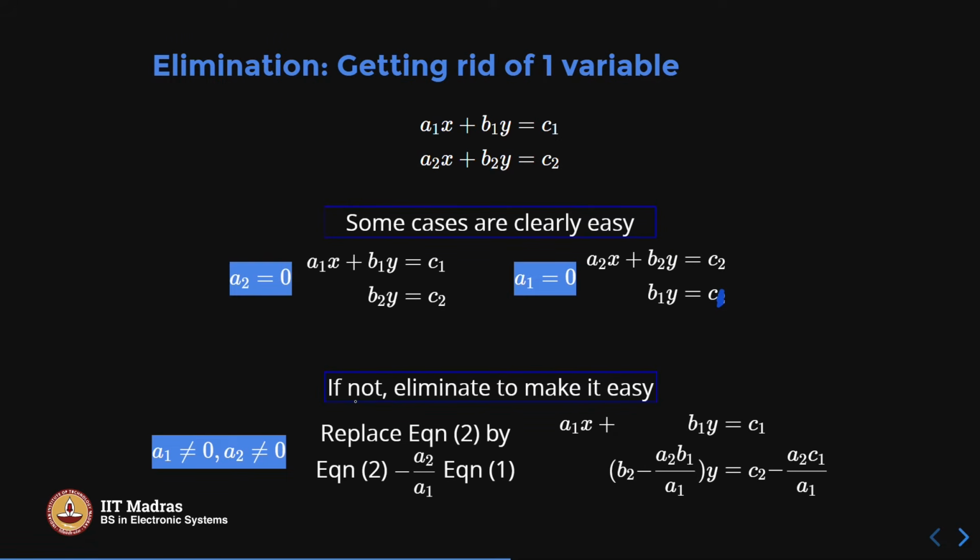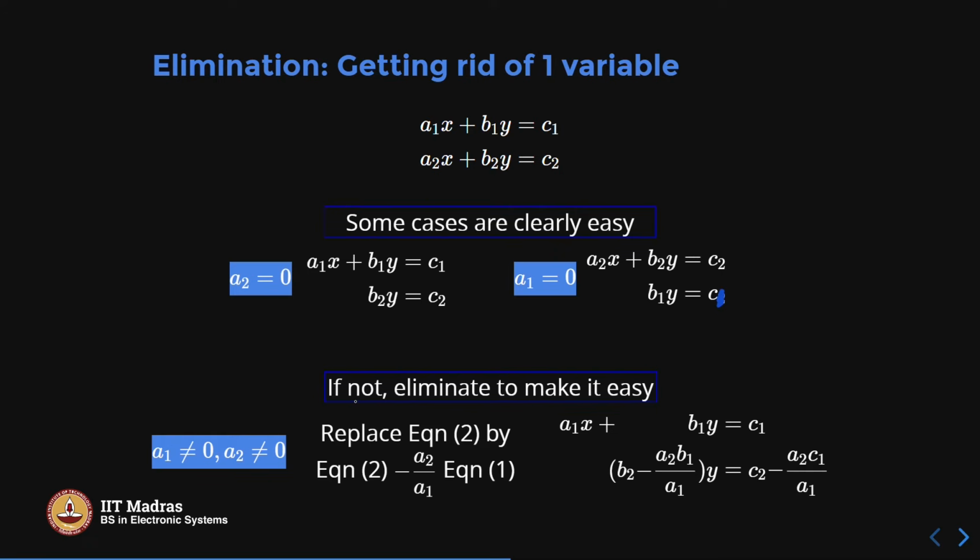I have b2 minus a2 b1 by a1 times y equals c2 minus a2 c1 by a1. Okay. So that now is again an easy case. So you see whether a2 is 0 or a1 is 0 or both are non-zero, I can go back to the easy case which has this triangular form, and I know how to solve this case, right? One can easily figure out solutions for this.